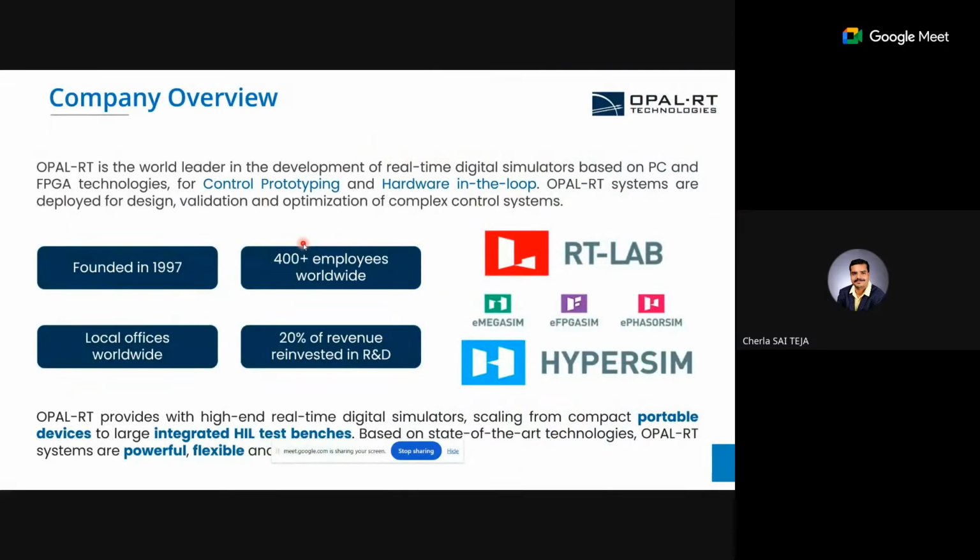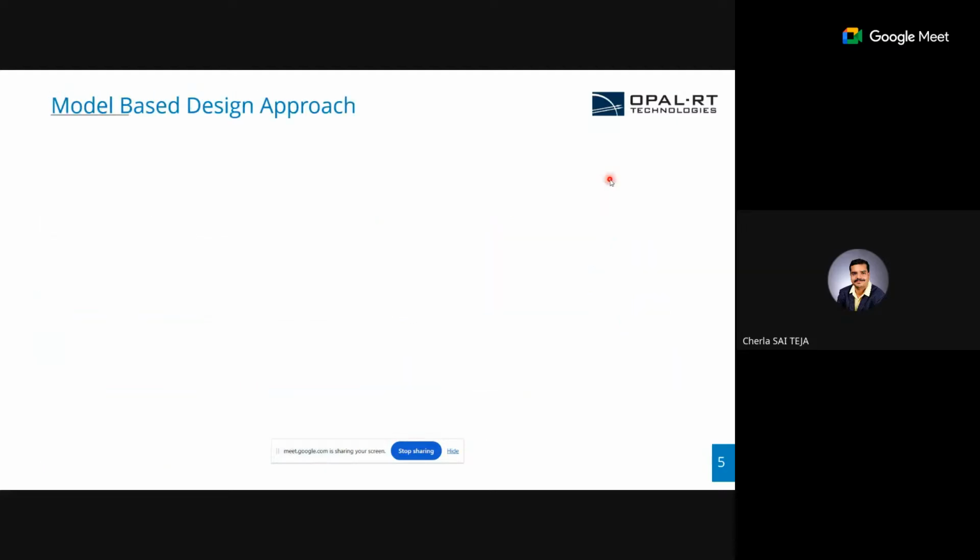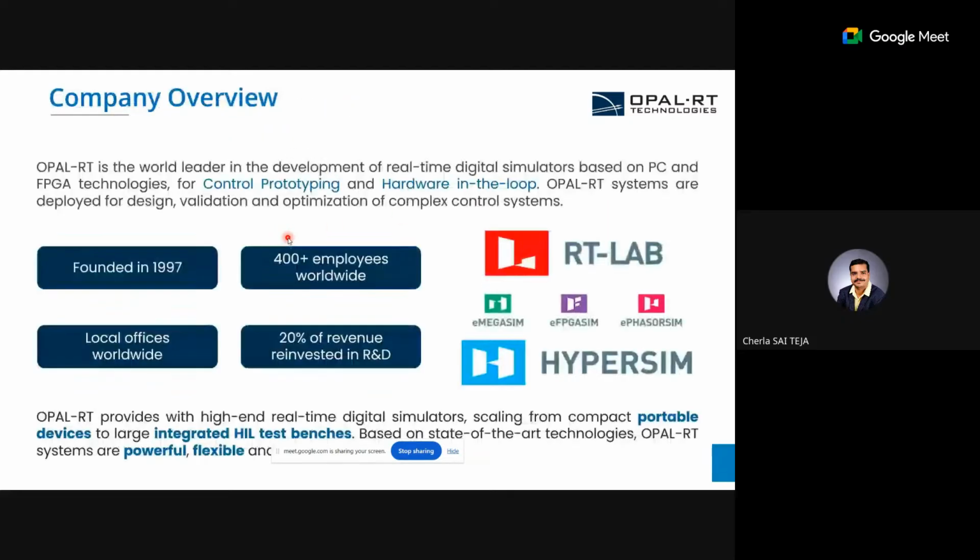Coming to our company overview, OPAL-RT is the world leader in development of real-time digital simulators, and all our simulators have technology of both PC and FPGA. These simulators are used for rapid control prototyping and hardware in the loop applications. They are mainly deployed for design, validation, and optimization of complex control systems.